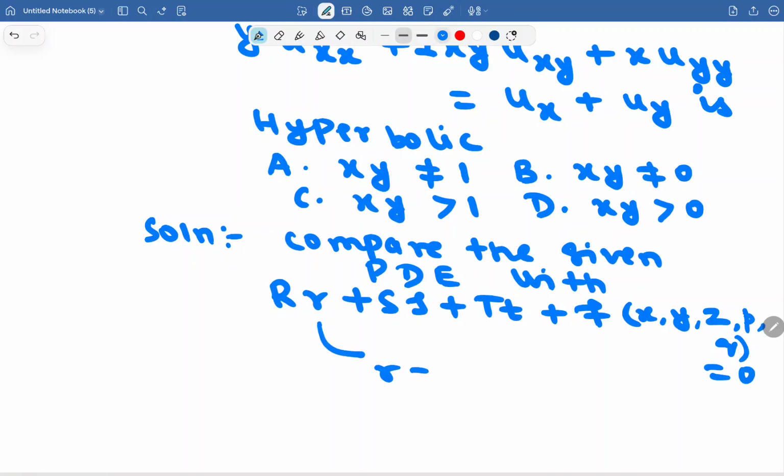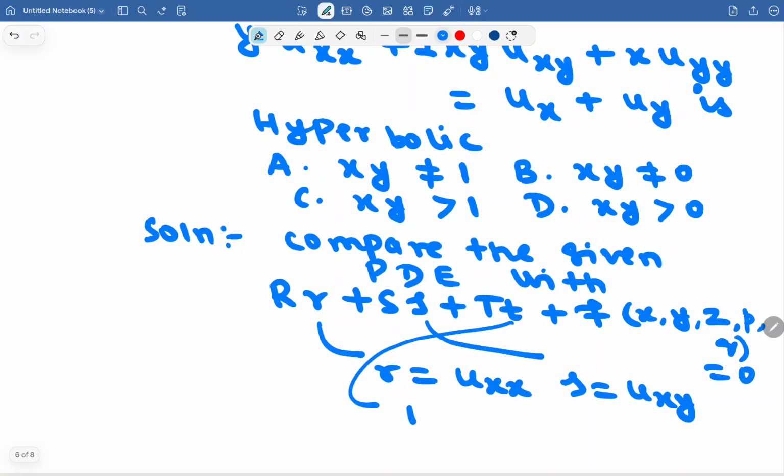This R is uxx, this s is uxy, this t is uyy.